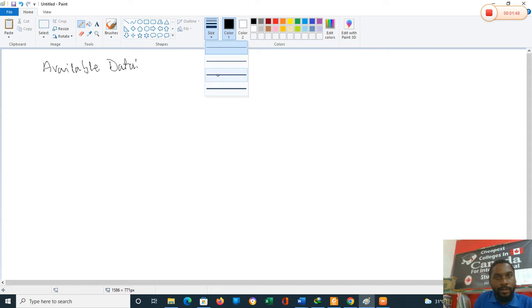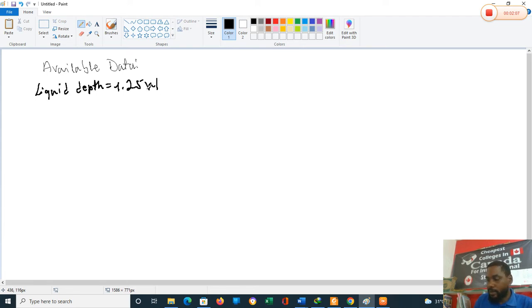First, they say liquid depth. Liquid depth equals 1.25 times the width of the basin.